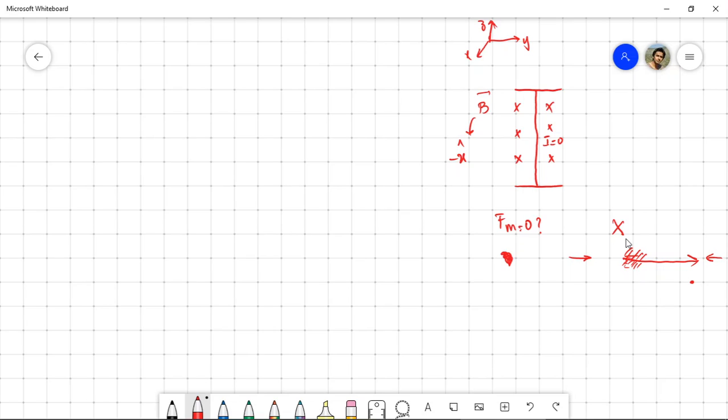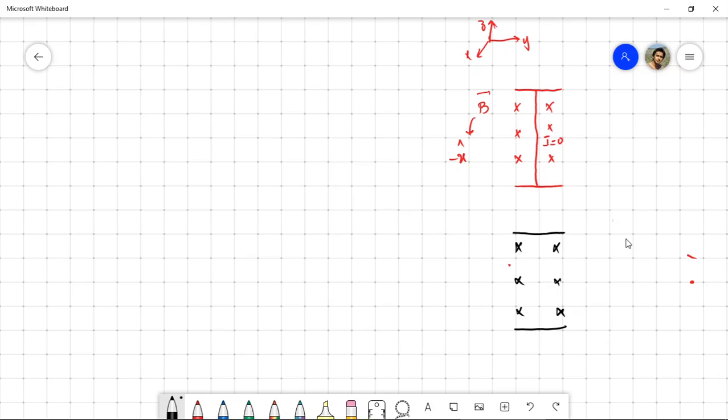Whenever there is a current passing through, this scenario changes. We will draw that scenario too. Here is the scenario in which there is some kind of current passing through this conductor.